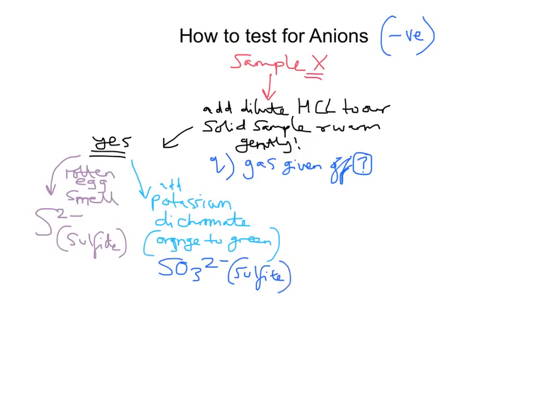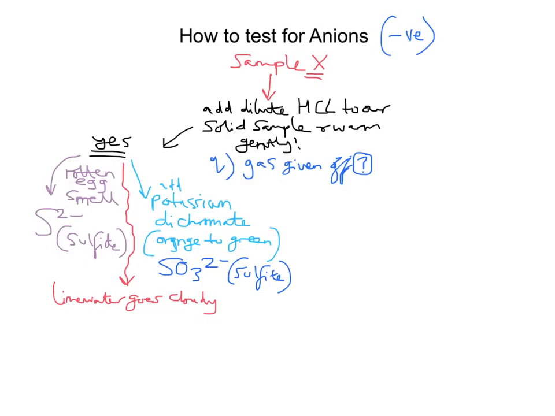But if it's neither of those, as I said, we may have got carbon dioxide given off. So we need to do a lime water test. So if, in amongst those two, instead lime water goes cloudy, then we've most likely got CO2 as the gas being given off.